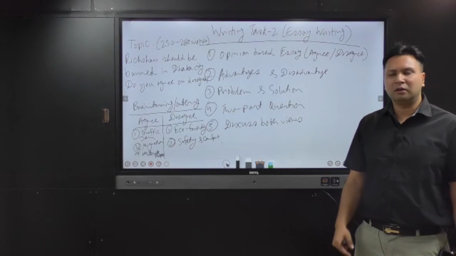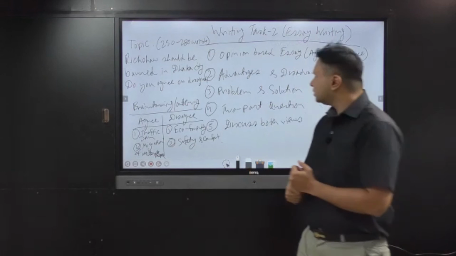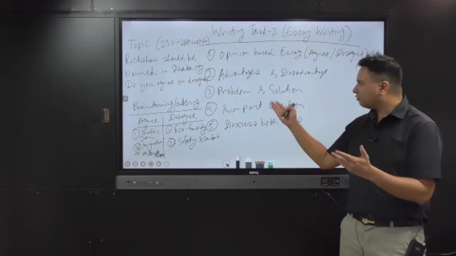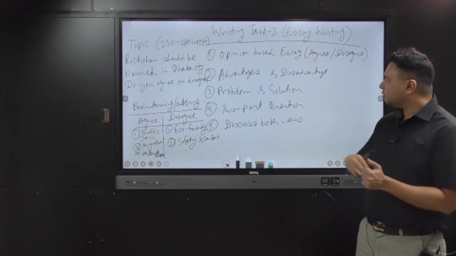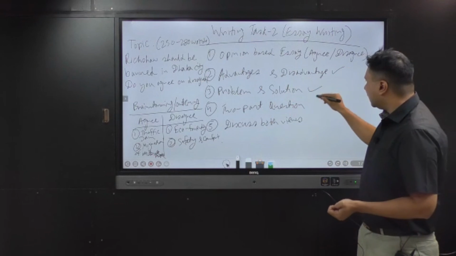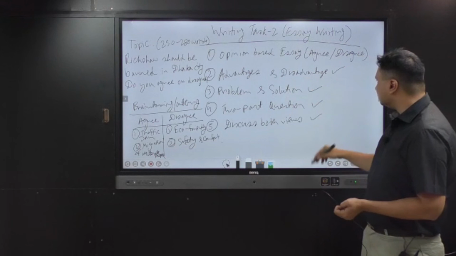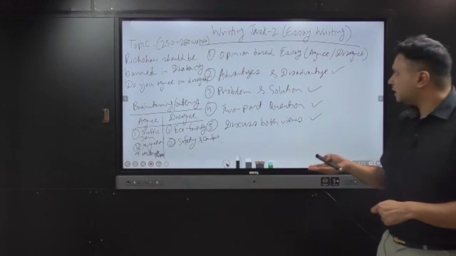Okay. So you start practicing with this kind of format and structure, and later on we'll move on to advantage disadvantage essay, problem solution essay, and 2-part question, discuss both views. All the other essays actually carry 4 parts.